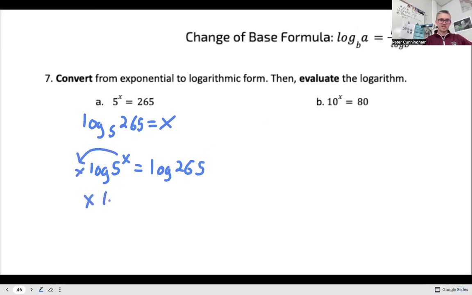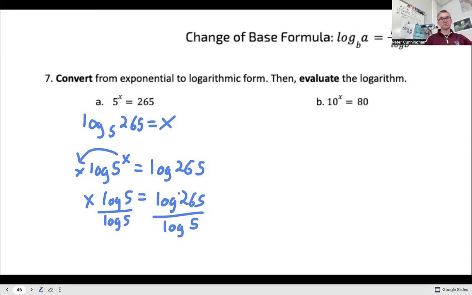And so we have X log 5 equals log 265. Divide both sides by log 5, and now our answer is going to be log 265 divided by log 5.